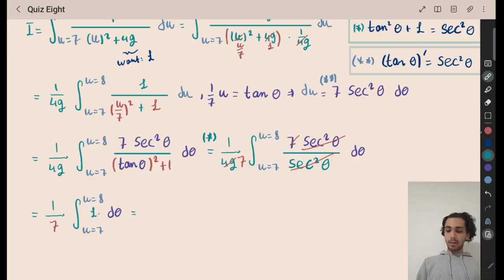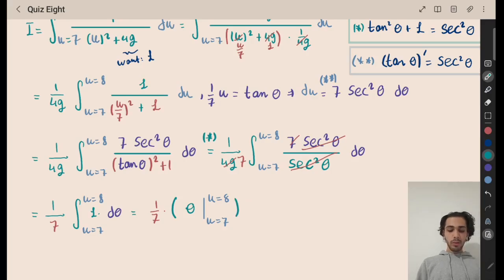So I will get theta. So I get 1 over 7 on the outside, and then the value for the integral will be theta. I need to plug in from u is equal to 7 to u is equal to 8.